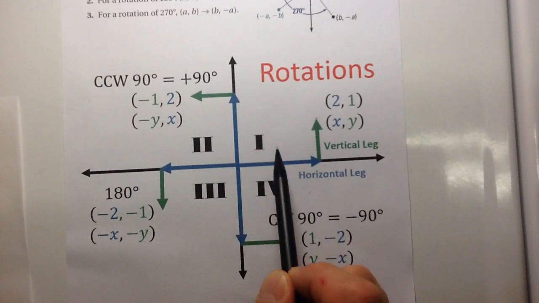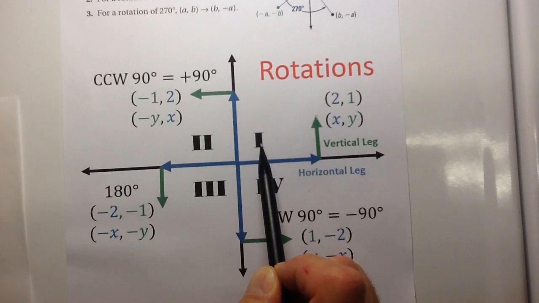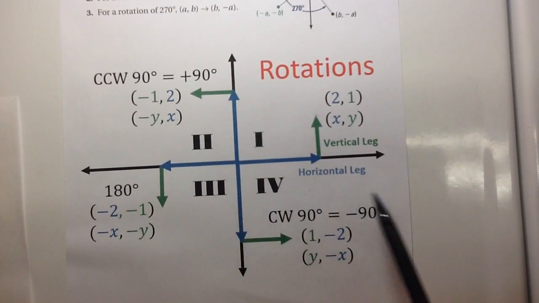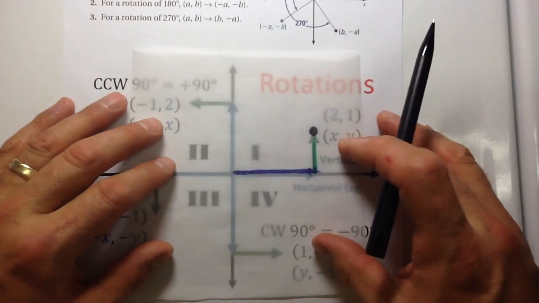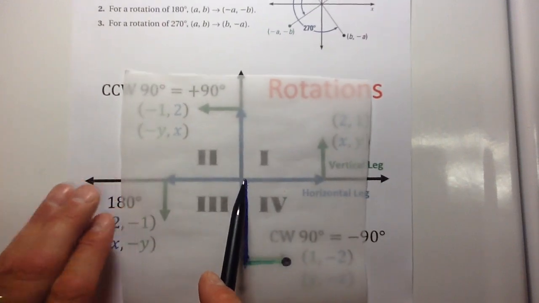Because remember, positive rotation goes counterclockwise. Quadrant 1, quadrant 2, 3 and 4, it's counterclockwise, positive. A negative rotation is going clockwise.